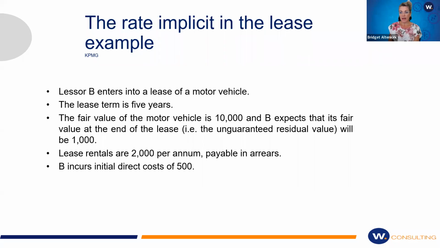To calculate the rate implicit in the lease, we need to know what the present value is on day one. Present value on day one would be the fair value of 10,000 plus the initial costs which the lessor needs to incur, being the 500. What is the term? It's 5 years. What are the payments? It's the 2,000 per annum. What is my future value? It's the 1,000 at the end of the term.